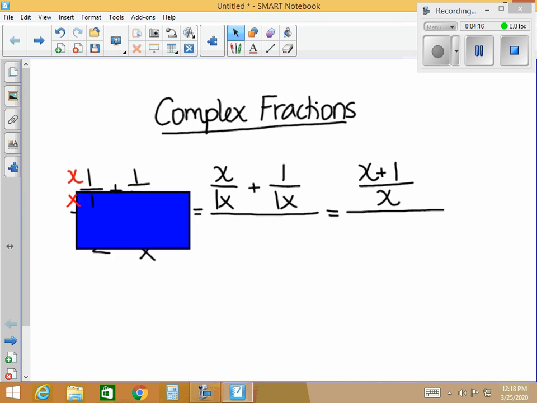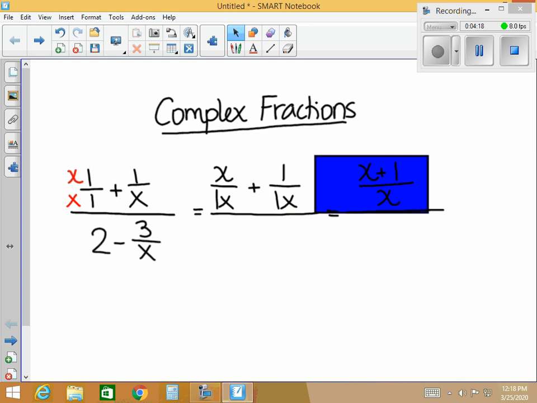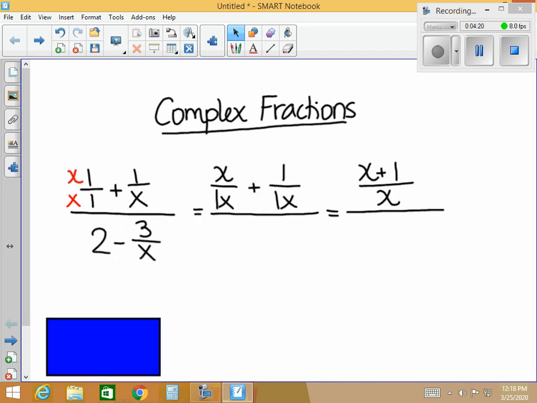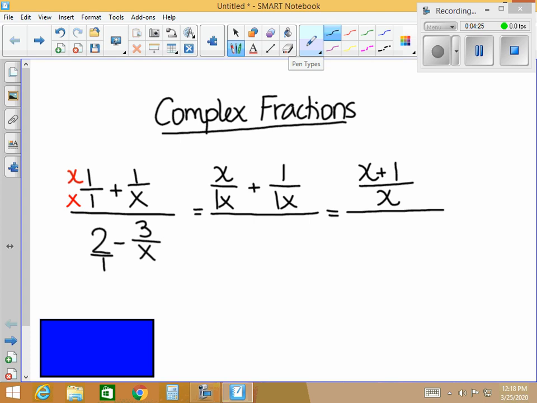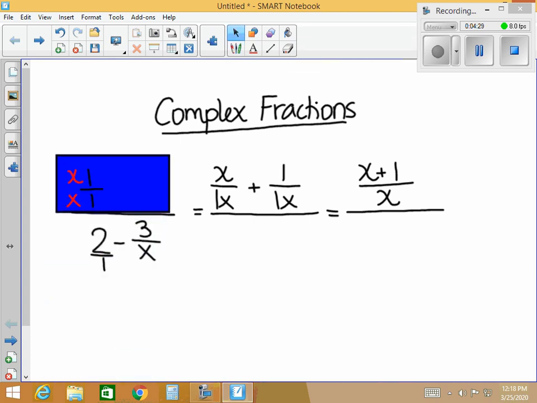So now I can ignore the top and slide it out of the way. When we come back and start with the bottom, if I have 1 and x for my denominators again, then just like up above, I take 1 times x for that common denominator.